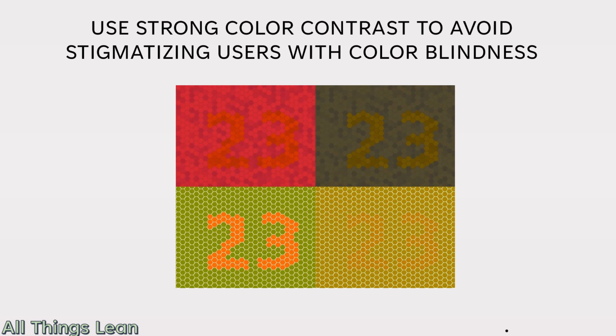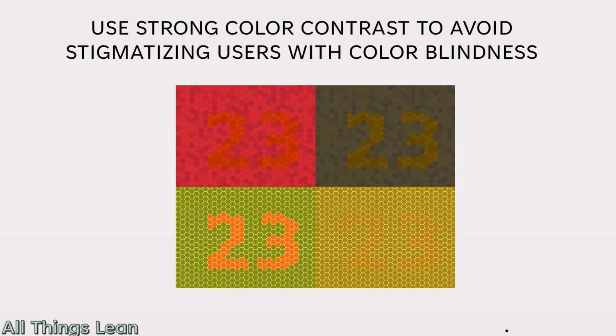One of the examples of the first principle can be to use strong color contrast to avoid stigmatizing users with color blindness. Color blindness affects approximately 1 in 12 men, which is 8%, and 1 in 200 women, which is 0.5%, in the world.